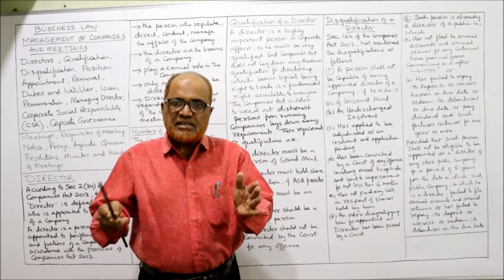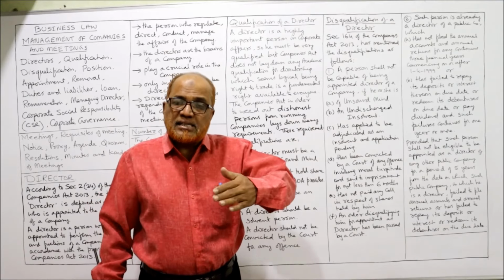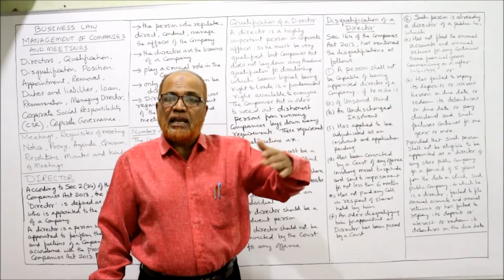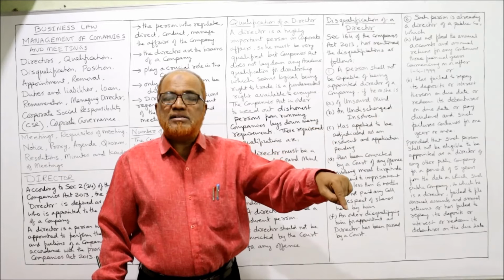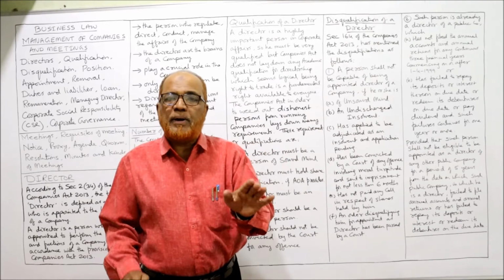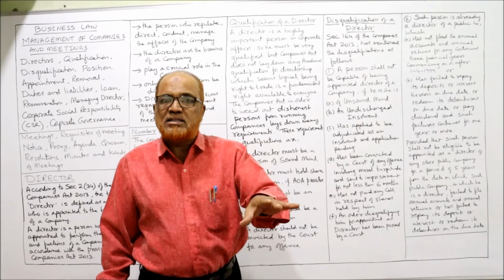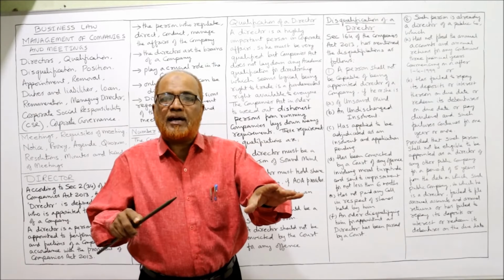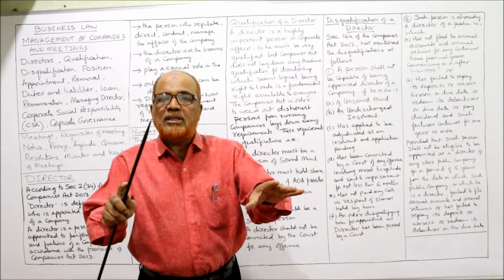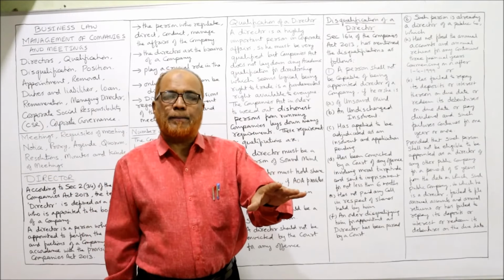Suppose in ABC company, Mr. X is a director. Since the last 5 years, this ABC company has not prepared the annual accounts, has not prepared the annual returns. Then Mr. X cannot become the director of PQR company.